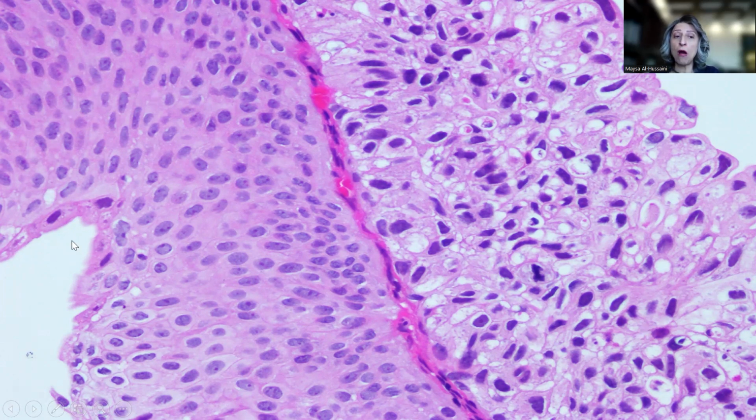So this component was the low grade, and this component was the high grade.